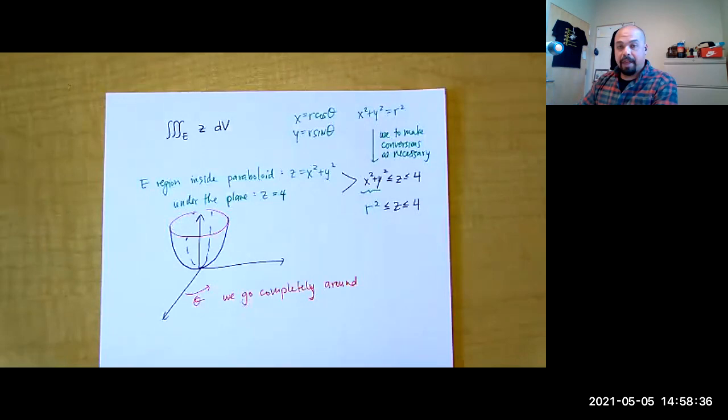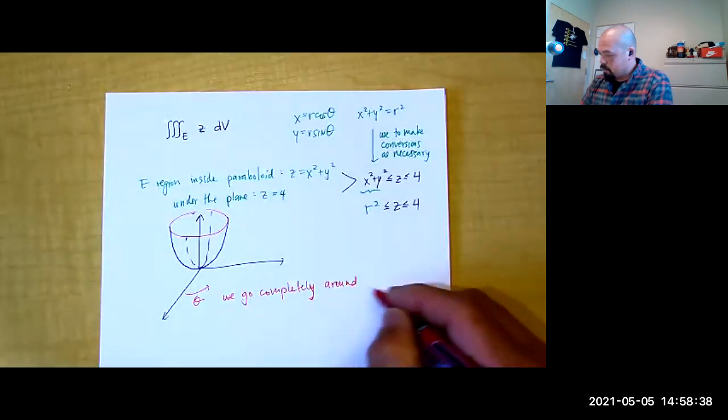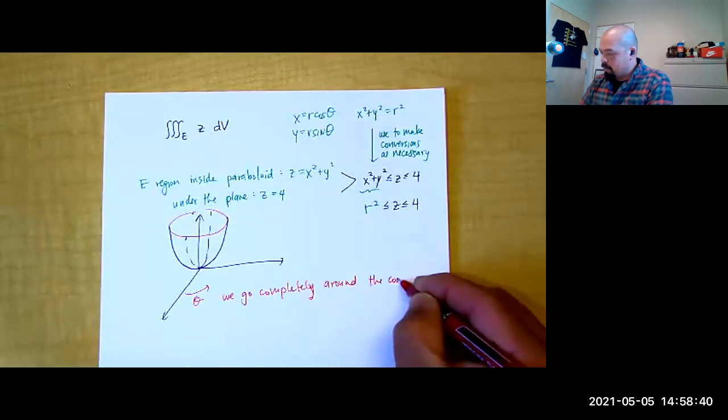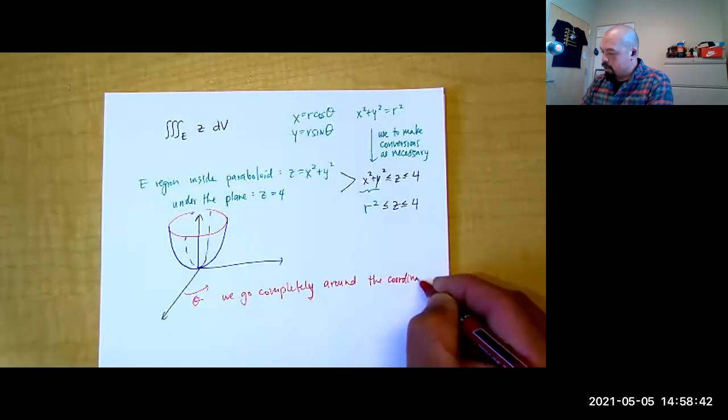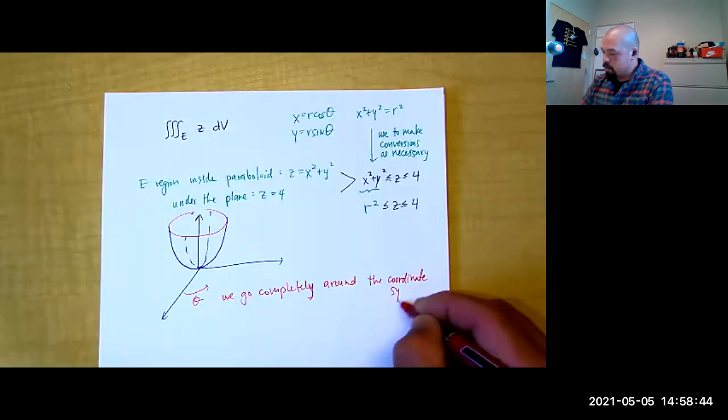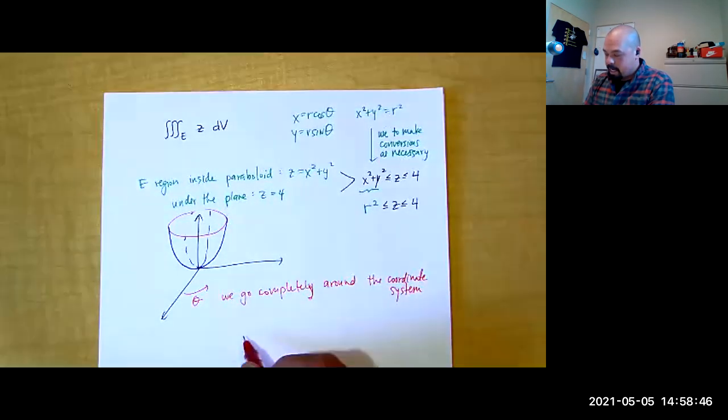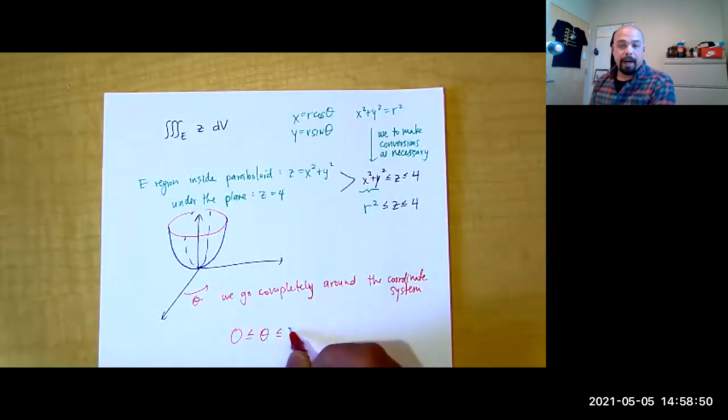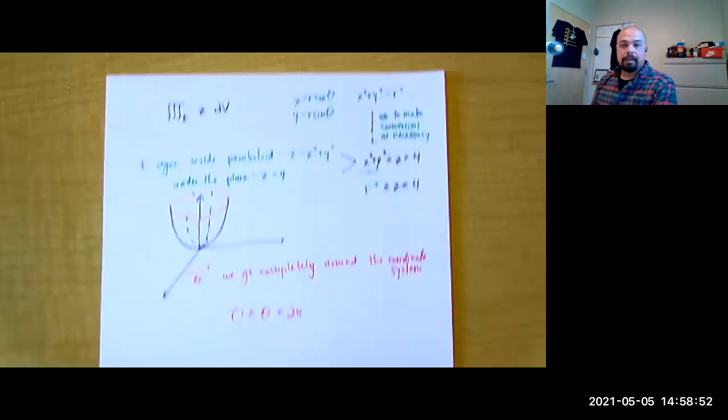We're going the full span of that paraboloid. So we go completely around the coordinate system. So in that case, my theta goes between 0 and 2 pi.